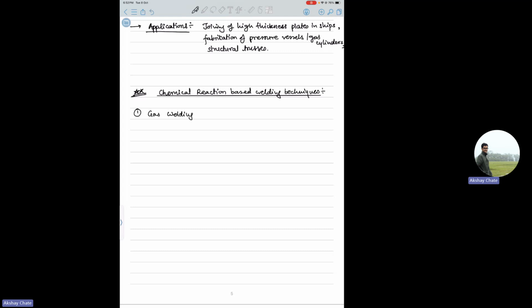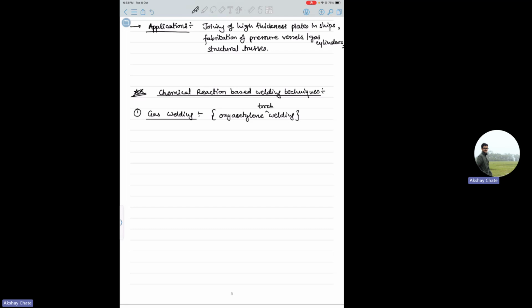This is basically using the oxyacetylene torch or flame. Many a times it is also called oxyacetylene welding or oxyacetylene torch welding. So these are all the names that are used.